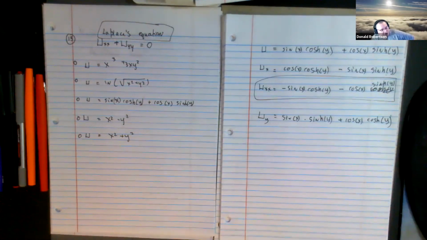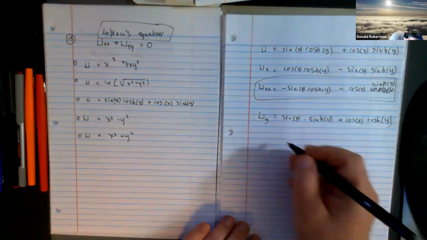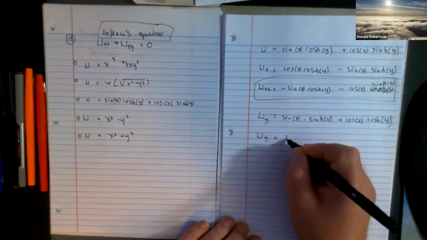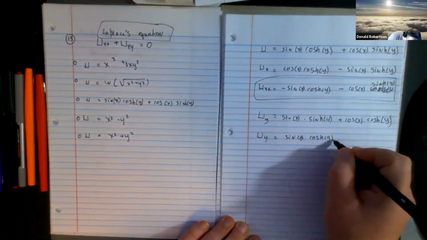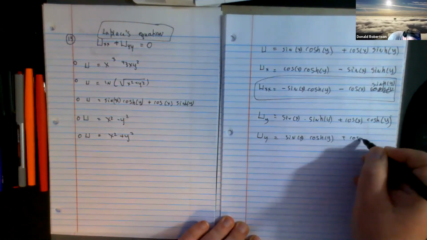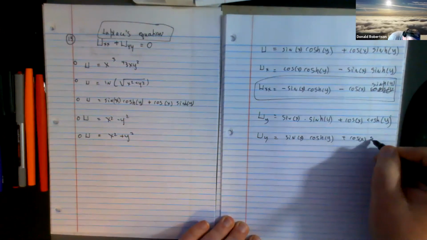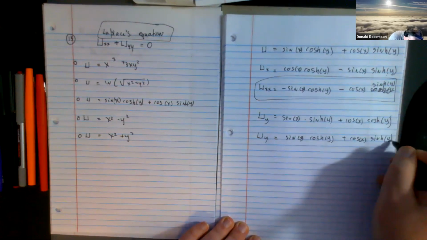Do you notice that they don't have changes in signs? And if you do a second derivative, then you're going to get the sine x hyperbolic cosine plus cosine x hyperbolic sine. And that's this guy.